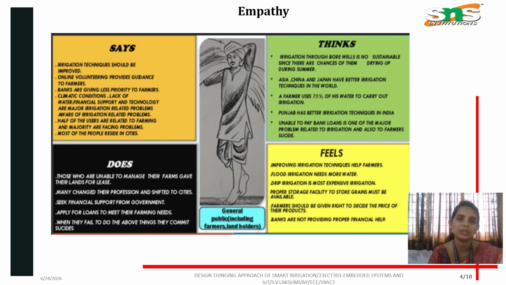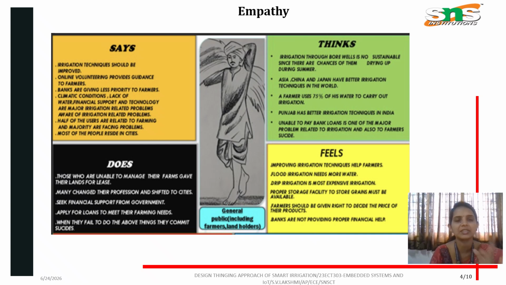So we cannot use that. Certain farmers use 75% of the water to carry out irrigation. They are unable to pay bank loans because of the major problems related to irrigation, and this problem is leading to farmer suicides as well. So improving irrigation techniques will help the farmer.